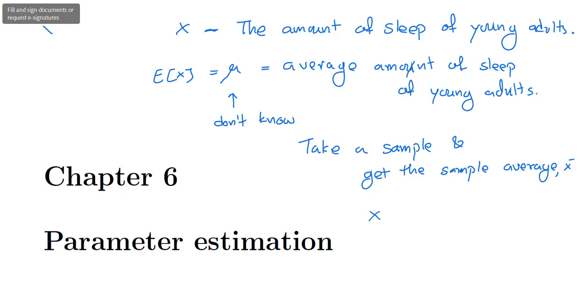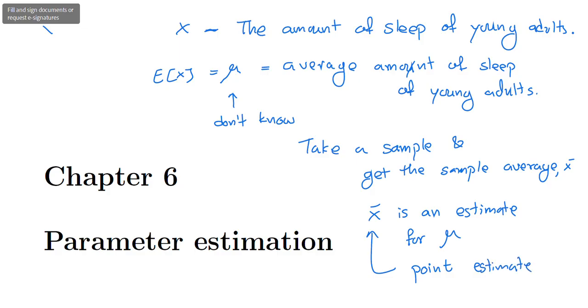Now I can say my X bar is an estimate for the true average amount of sleep young adults get. This is a point estimate because it's just one value, not an interval having a range of values. X bar is just one value. That's why we call it a point estimate.